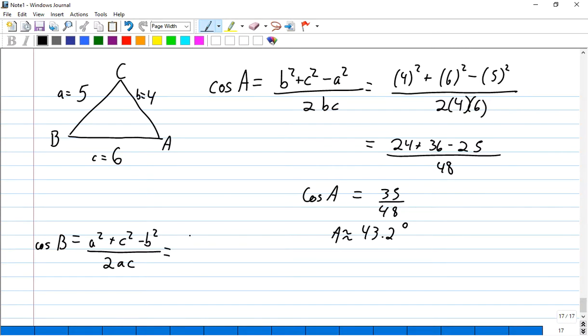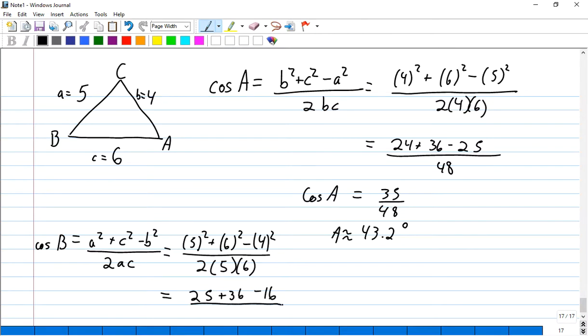So that's going to be 5 squared plus 6 squared minus 4 squared divided by 2 times 5 times 6. So 25 plus 36 minus 16 divided by 2 times 5 times 6, which is 60.